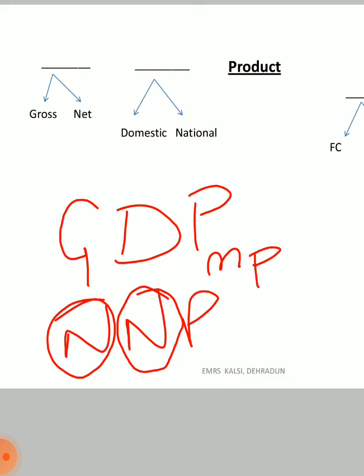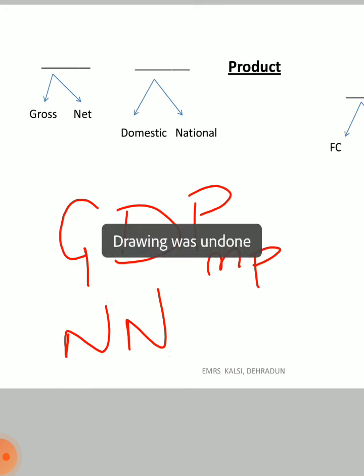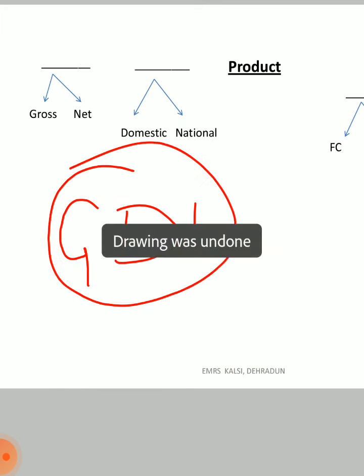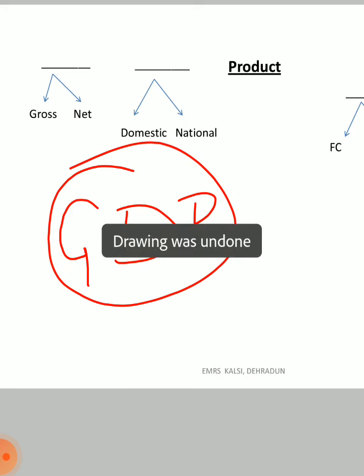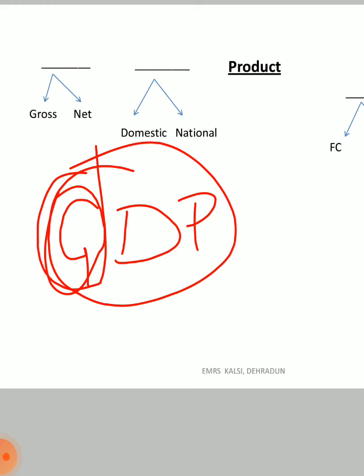So net national product; you cannot say national net product. Similarly, GDP cannot be written like DGP. The alphabet in the first place, G for gross, will always be in the first place.